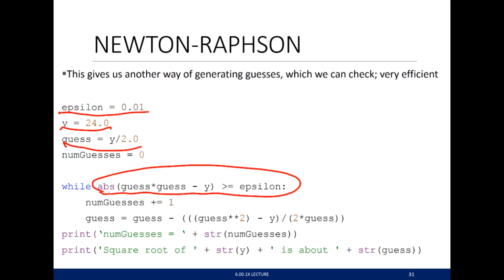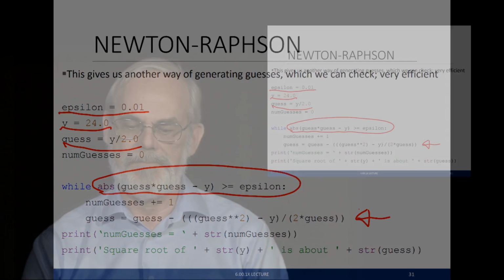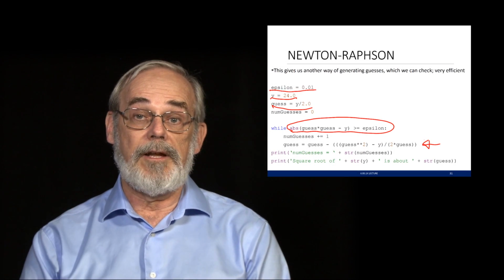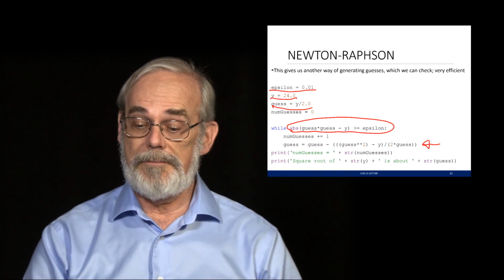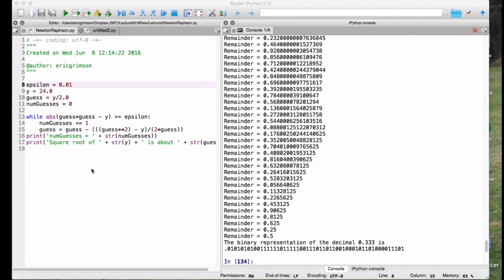And as before, I'm going to count the number of guesses to see how long it takes. Each time around, I'm going to use that little equation from Newton-Raphson. I'm going to take guess squared minus y, divide it by 2 times guess, subtract that off of guess, and go back around. I'm going to run through that loop until I get something close enough, and then I'm going to jump out. So let's see what happens if we do it.